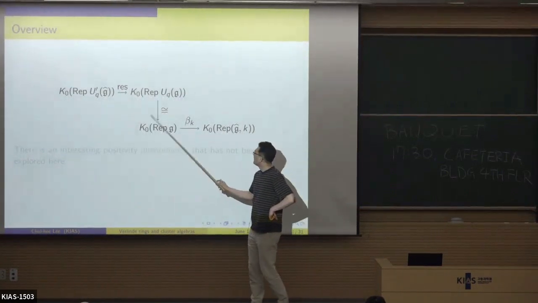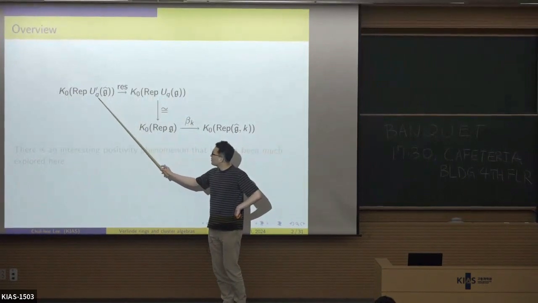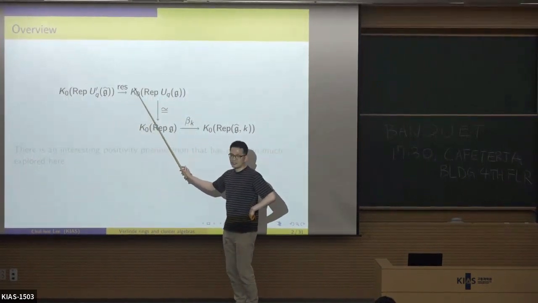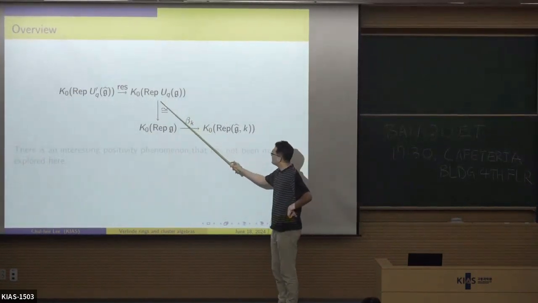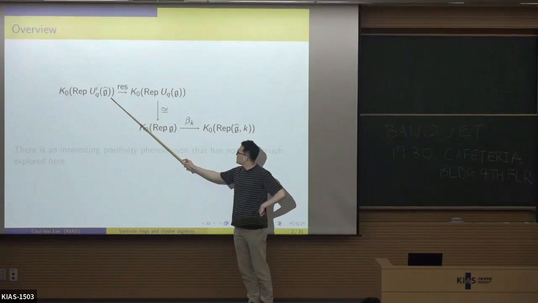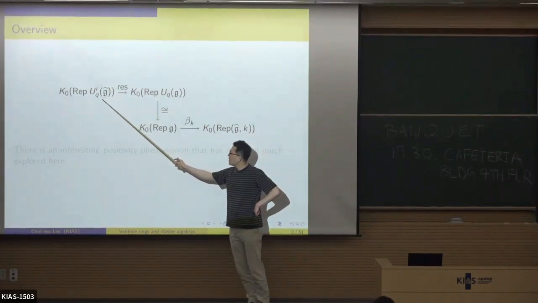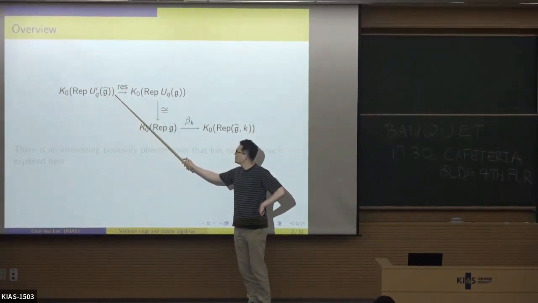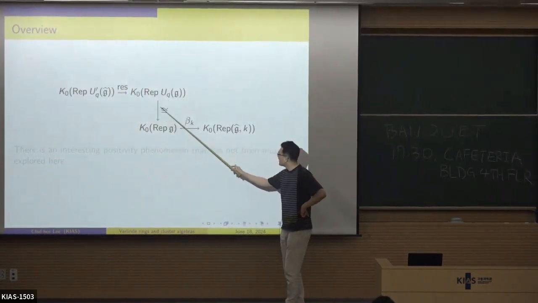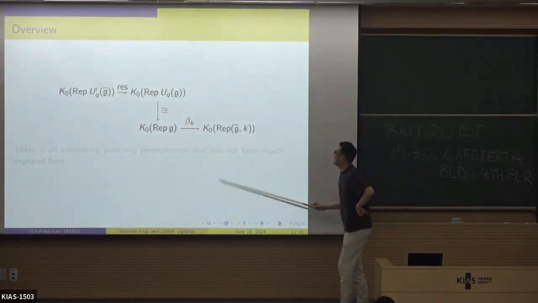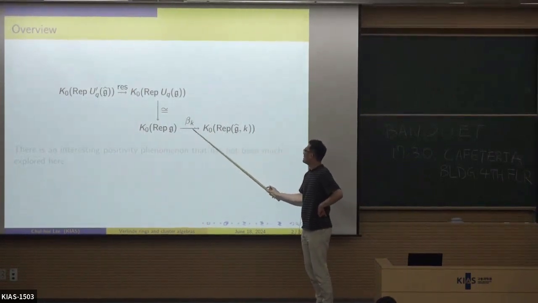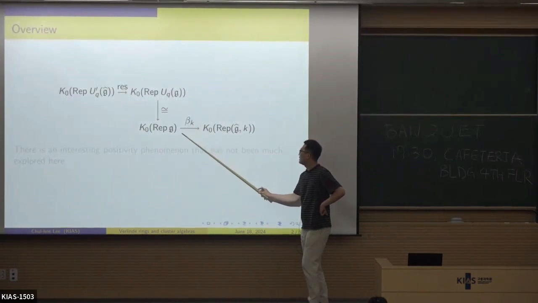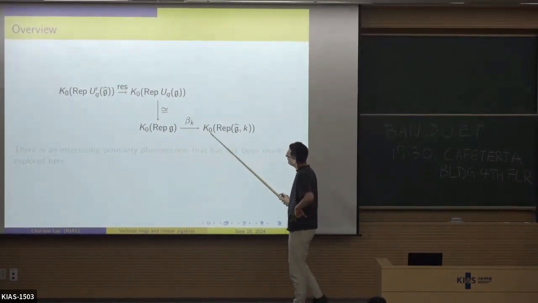And because UQG is a Hopf subalgebra of the quantum affine algebra, there's a natural restriction map between these 2 rings. And because there's an isomorphism, we can start from an element here, take the restriction map and use the isomorphism. And this is not very well known, but this is a very important surjective ring homomorphism from this ring to the Verlinde ring.